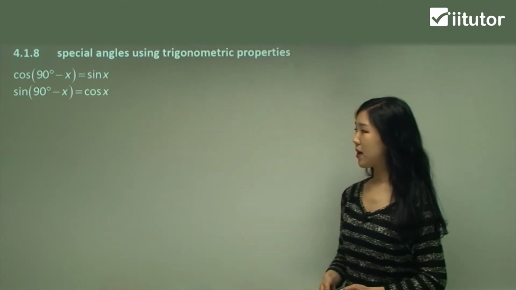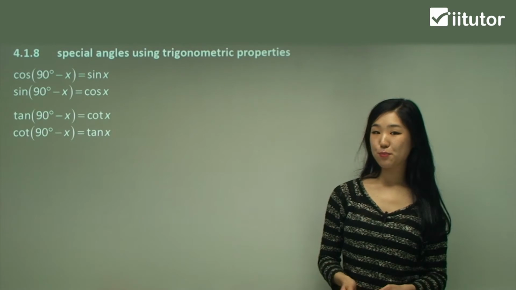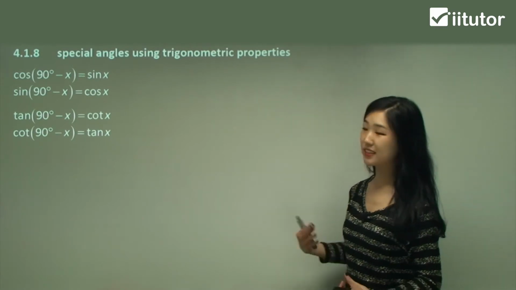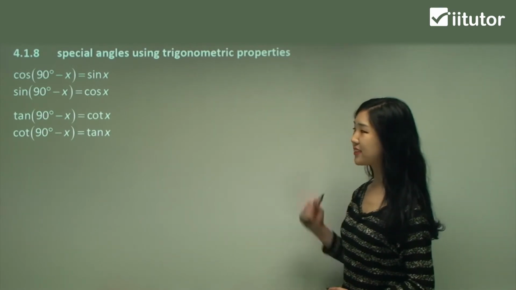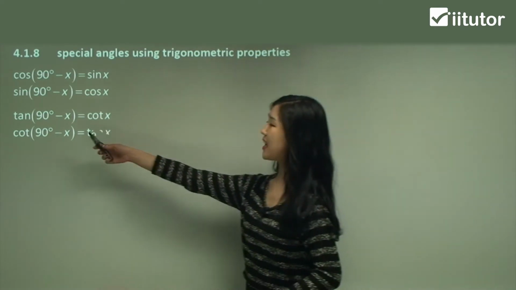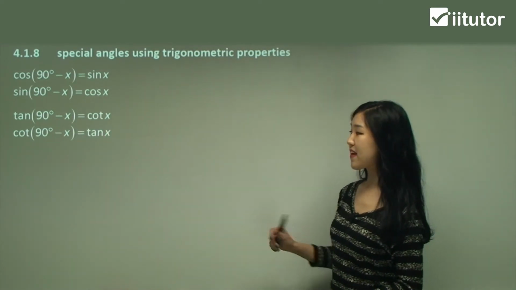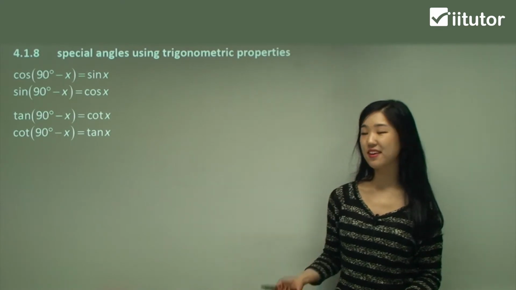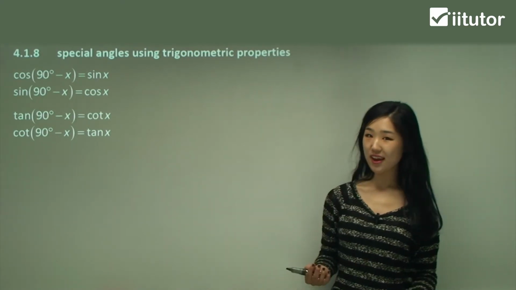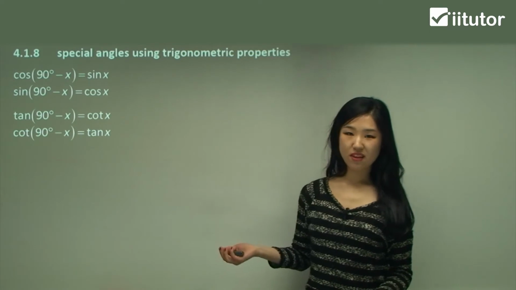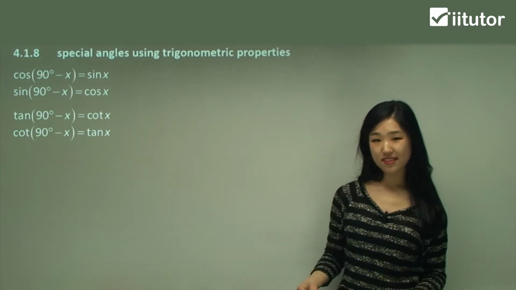Now let's look at another one. This is the relationship between cot and tan. It's very similar to cos and sine. Tan 90 minus x equals cot x, or vice versa, cot 90 minus x equals tan x. It's exactly the same, but this time we're just using tan and cot.